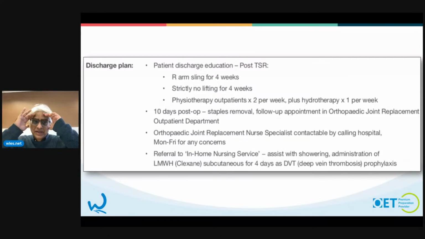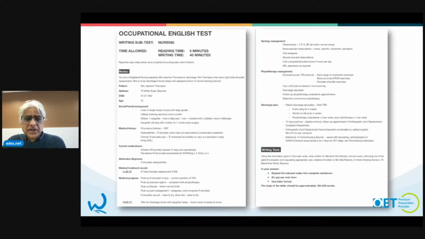You won't know until the day of your exam when you're looking at your case notes and you're looking at the discharge plan. Only then will you realize, okay, I need to write all this information, or I need to be selective. I only need to write this bit of information. You can see here, if you just read through this, that most of this is quite relevant to the home nurse. But we'll go through the case notes. We're going to do the whole selection stage together.